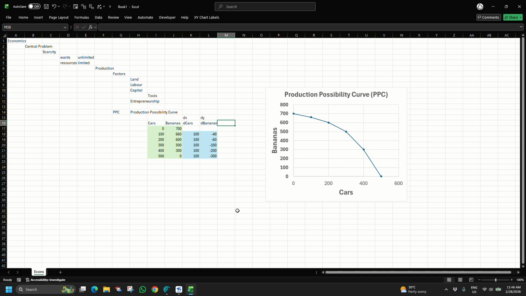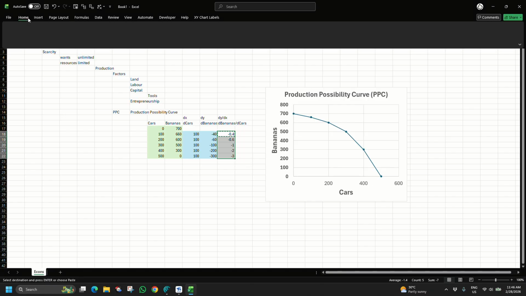So your gradient is your dy over dx, which equals D bananas over D cars. Oh, there you go, and it did everything here. So it equals this divided by this. Okay, so you have your gradient getting more and more negative as you move to the right.